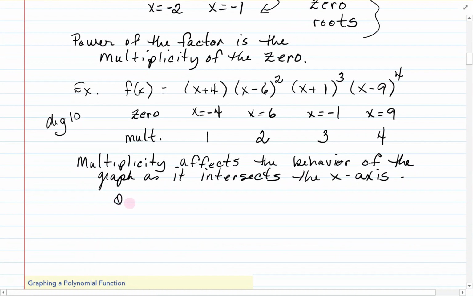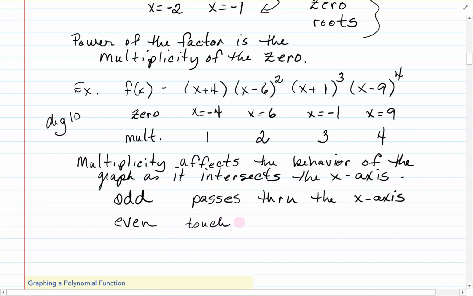If the multiplicity is odd, meaning the multiplicity is 1 or 3 or 5 or 7 or whatever, the graph passes through the x-axis. If the multiplicity is even, then it will touch and bounce away. It does not pass through.